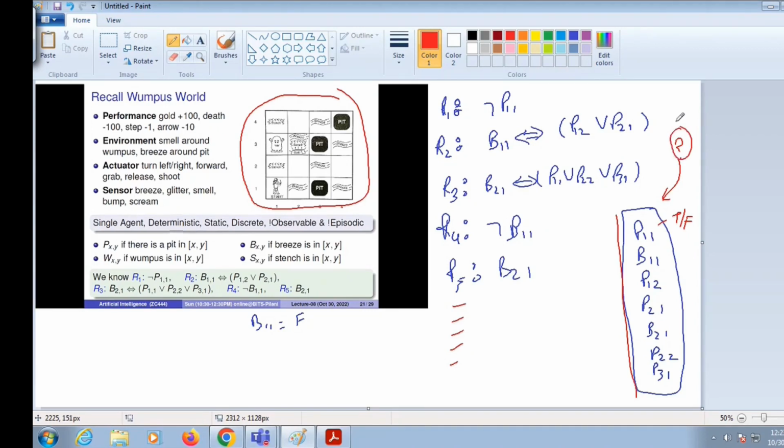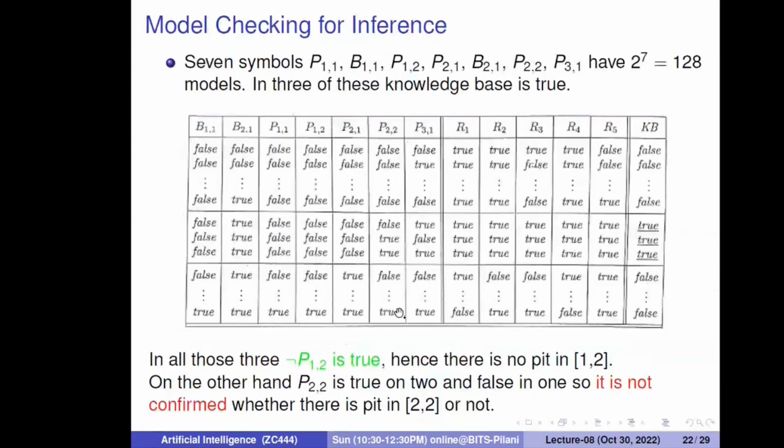Since you can allow true and false to them, 2 to the power 7 different values are possible. Yes or no? I create a table where I write these parameters: B12, B21, B22, these 7 parameters. And I apply false, then false, then true, then true, then false.